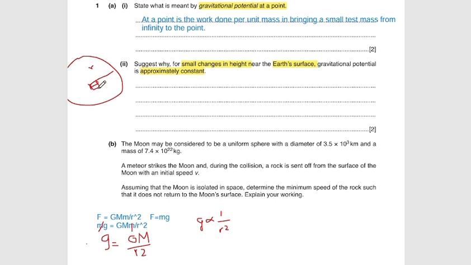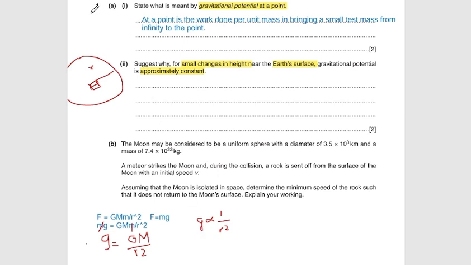Now this small height is way less than the radius, so for an insignificant distance compared to the radius, it remains constant. Why? Because gravitational potential is inversely proportional to the radius. So if this remains relatively constant, I can say g remains relatively constant as well.